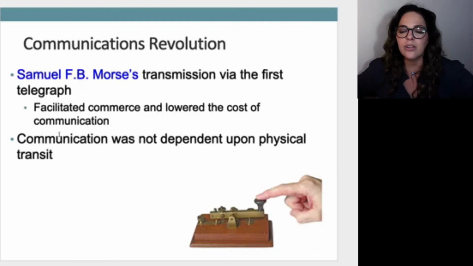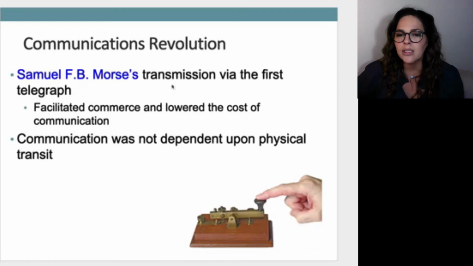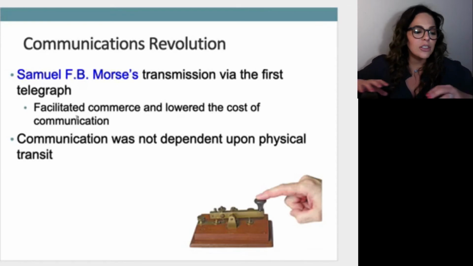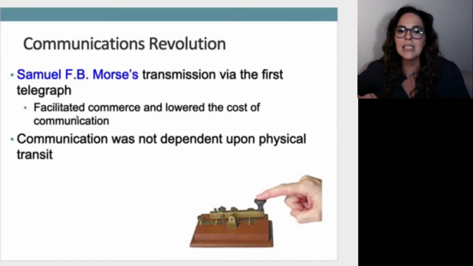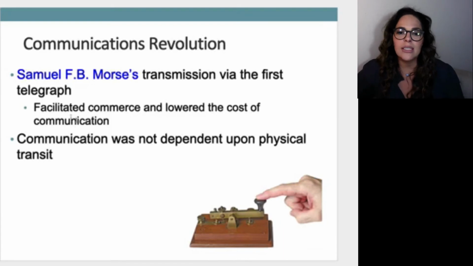With Samuel Morse's transmission of the first telegraph, this is going to change everything, because now people can communicate within a matter of minutes. It's going to facilitate commerce. So now you can trade across the country, from state to state, at all times, at all hours of the day. It actually lowered the cost of communication as well.